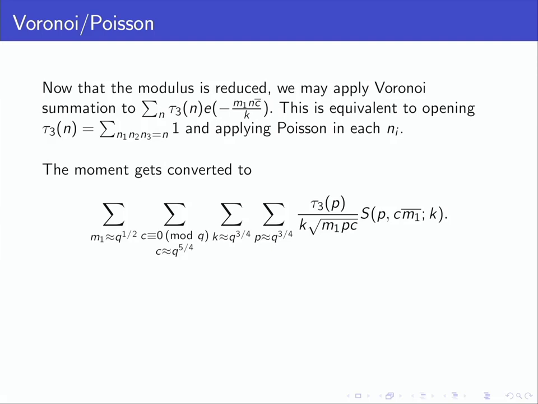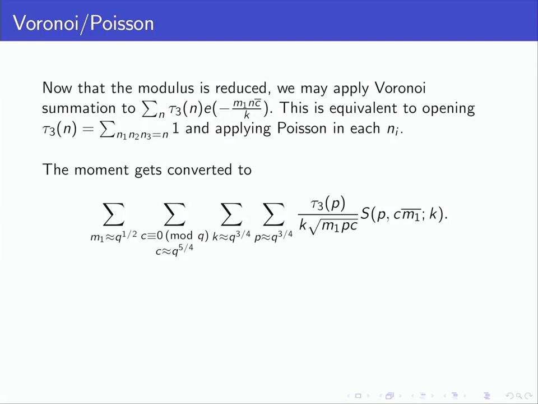After all these moves, the moment that we're working on becomes this thing. This tau 3 of P: we have three variables, P1, P2, and P3, the dual variables to N1, N2, and N3 when I open up this divisor function, and they come together naturally as a product. The main thing is that the length of the P sum is now less than before.